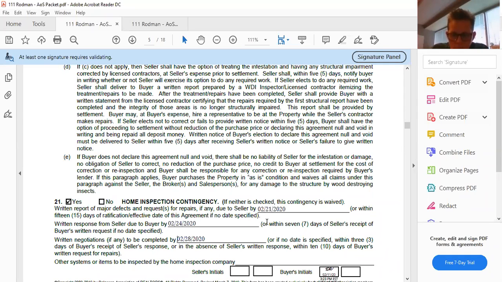If we take 5 days to negotiate back and forth and my seller signs on 2/16 and they didn't update this, they have 5 days to get their home inspection done, unless buyer and seller agree to extend the dates on an addendum.